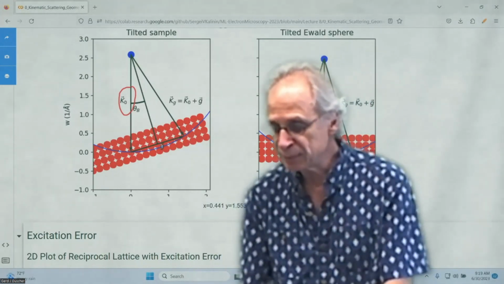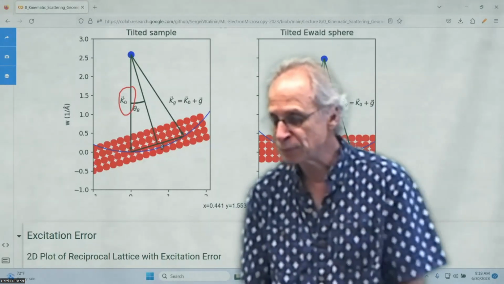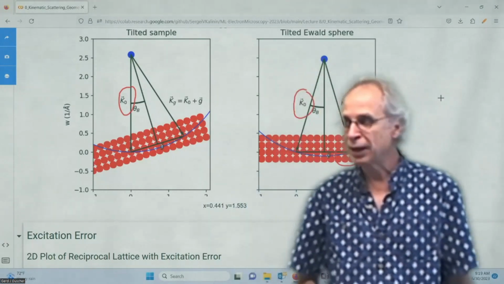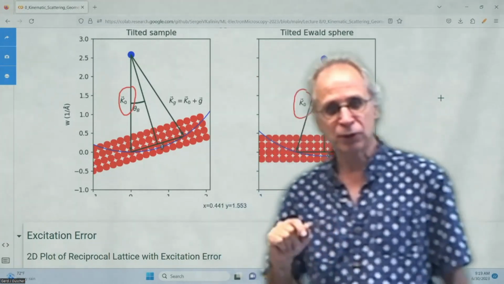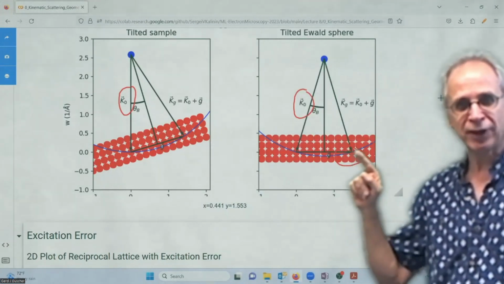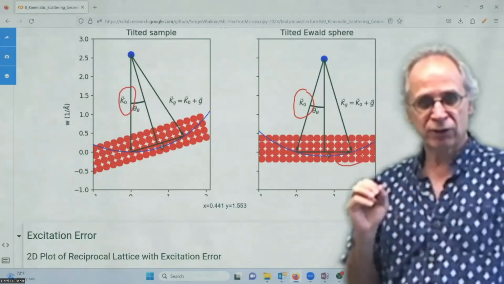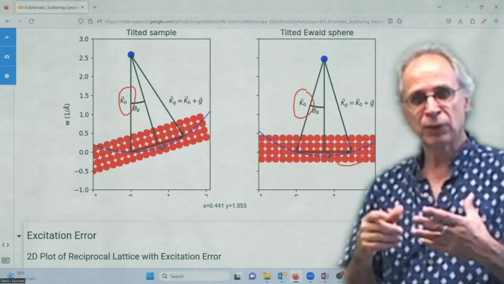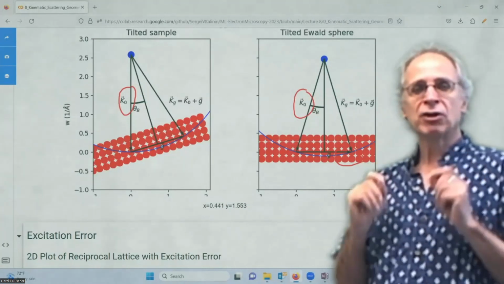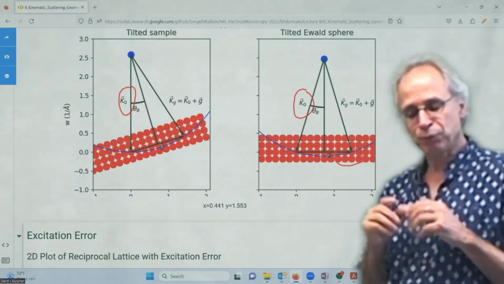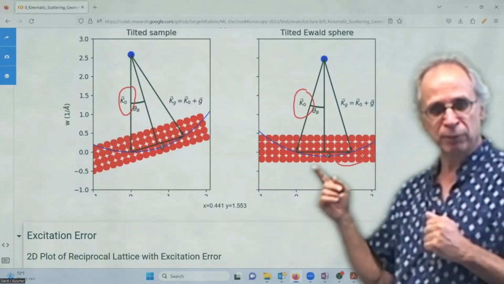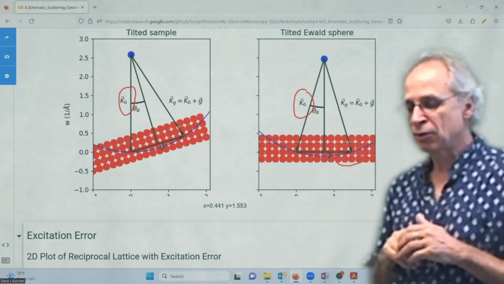And we hit our reciprocal lattice point here exactly. That is the exact Bragg condition, and it is used extensively in conventional electron microscopy. Not part of this, obviously, but there are some imaging conditions where you want to look in STEM mode as well, in two-beam condition, and that would be the way you do that.